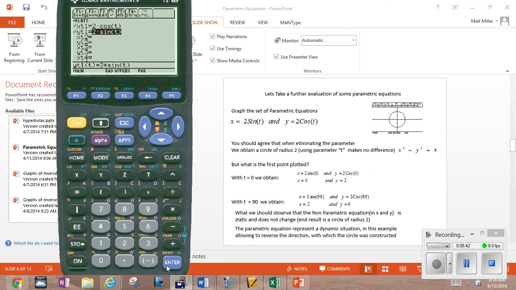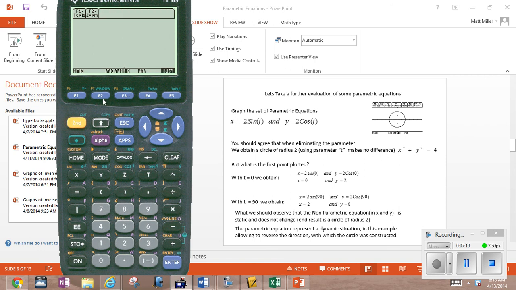So just bear with me here. I'm going to put this in as 3. And now we've got a circle of radius 3, right? So here's our circle of radius 3.